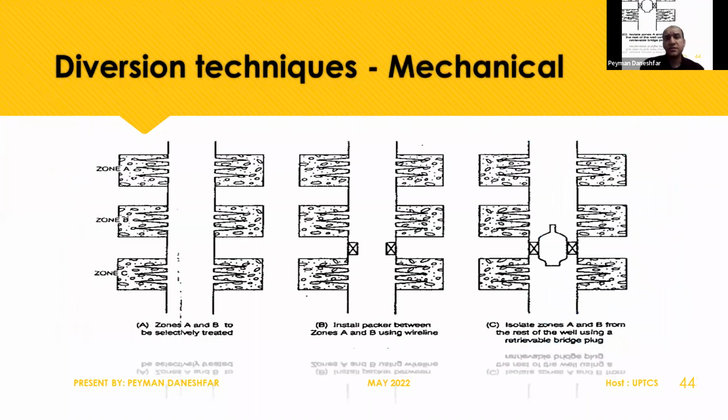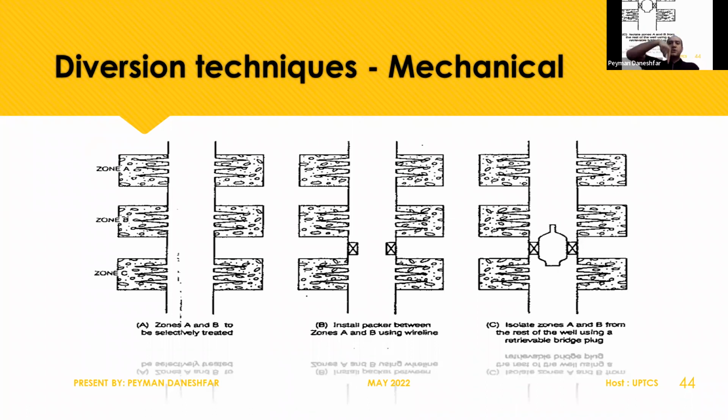So what is the diversion technique in mechanical? If you see that, if we want to acidize the zone B, we should set the packer between the B and C, and our coil or any of our tools comes near the packer and sets.